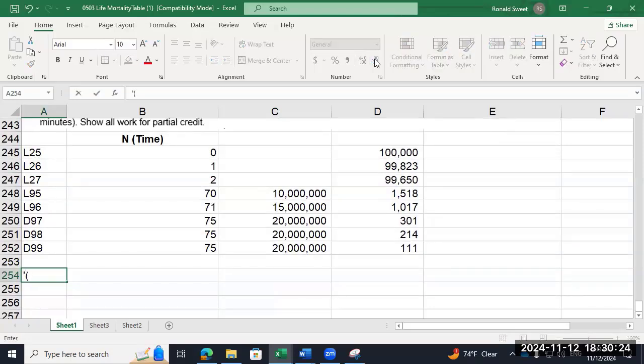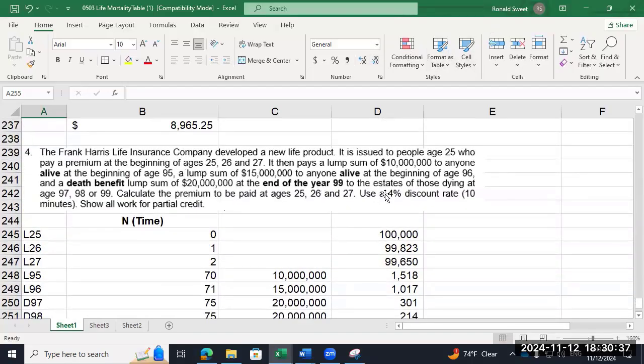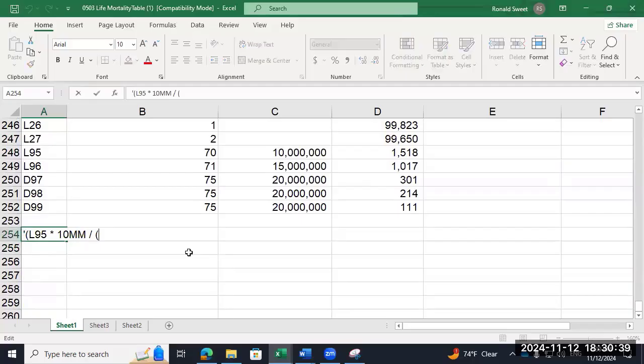So then the denominator, anything you spend is gonna go out. So L95 times 10 million divided by, I forget what the discount rate was. 4%. I don't know why I'm using 4% on these.